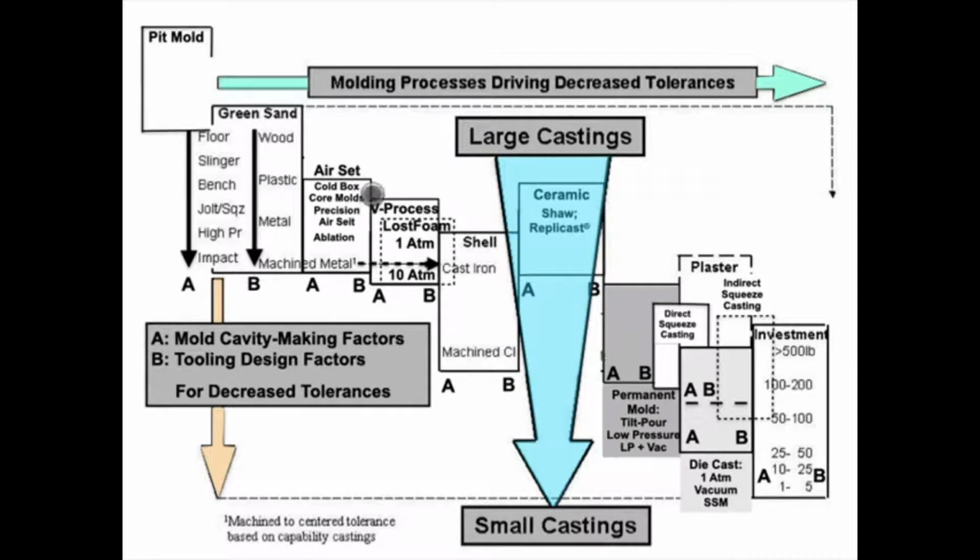So within each of these boxes, in this case air set, or over here the ceramic shell investment process, the vertical aspect of each box indicates increasing tolerance capability based on other factors besides just the process itself. And we'll talk about that in the next slide.